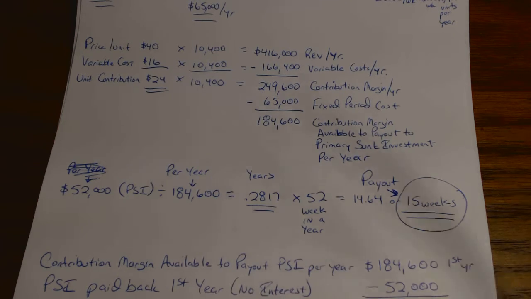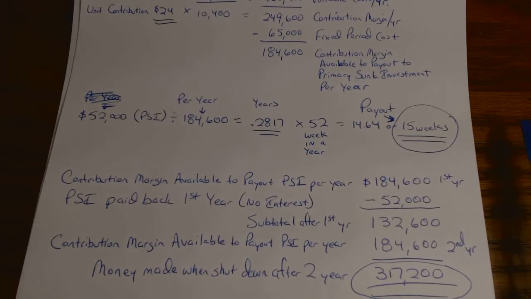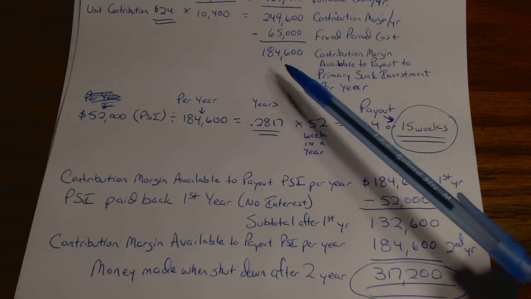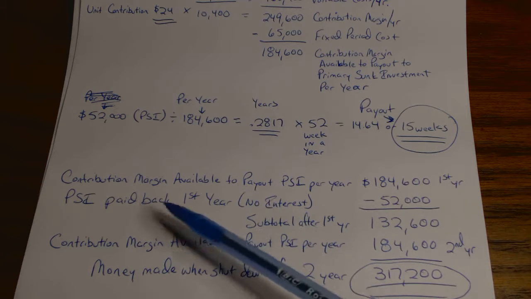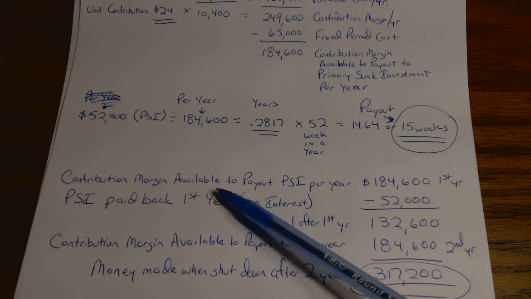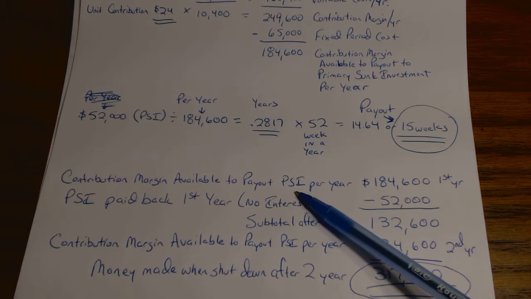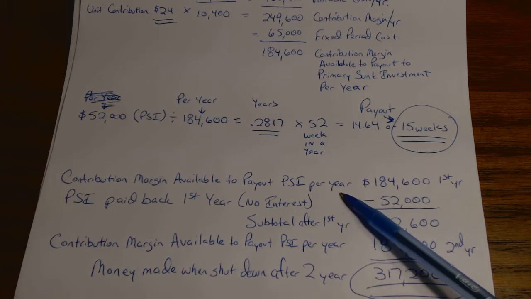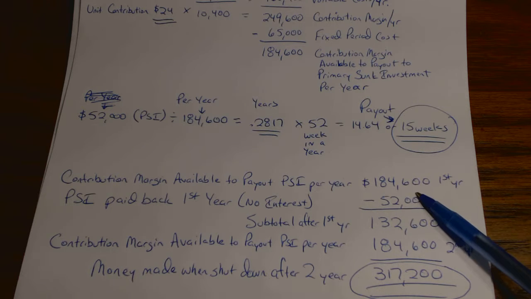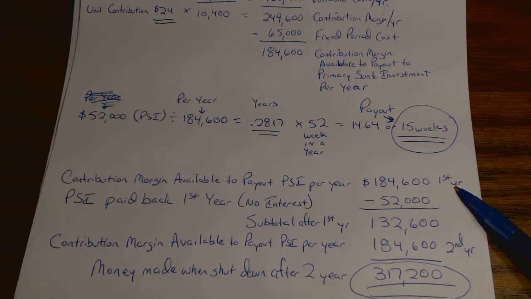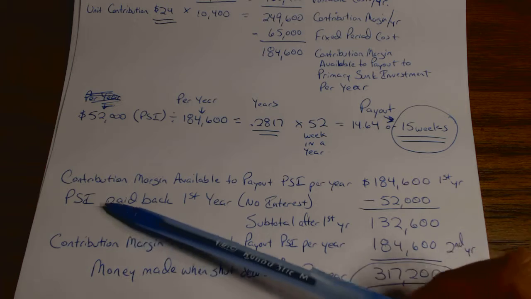So to figure out the answer to the question, you take that 184,600, right? The contribution margin available, again, this is gross profit, to pay out the PSI, the primary sunk investment, per year. It's 184,600 the first year, and then PSI paid back.